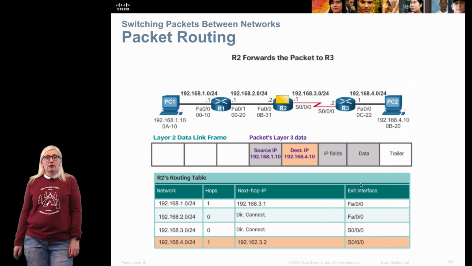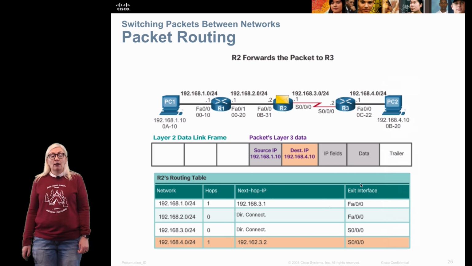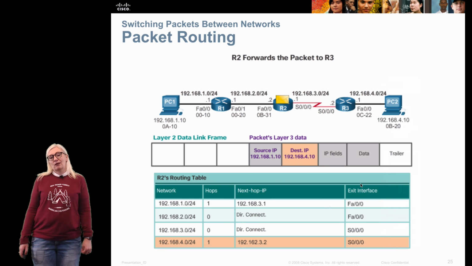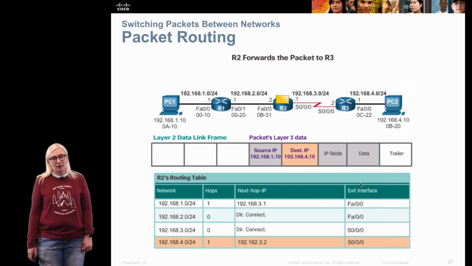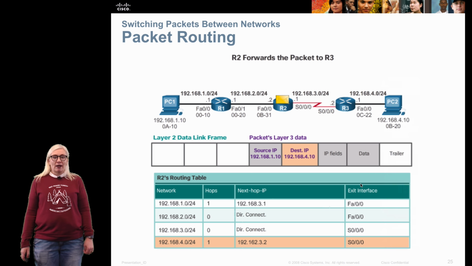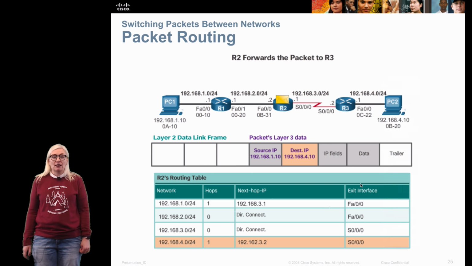Router 2 receives it and does the same thing: unpack it up until layer 3, look at the destination IP address, look into its routing table and find out, do I know this network? Yes, I do. And how do I get there? Well, I'll get there by going out of my interface S0/0/0, and the next hop address is 192.168.3.2.